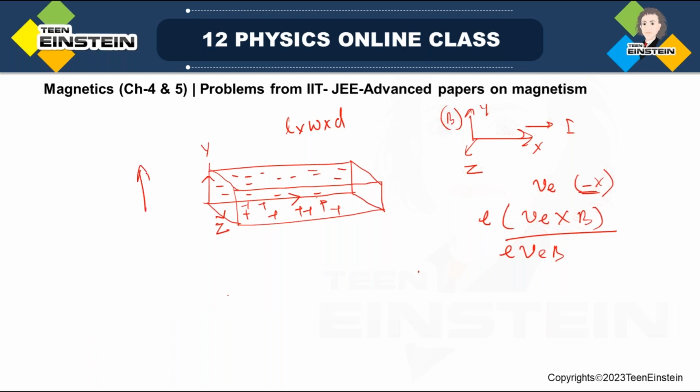So the force will be QVB, that we know. Now the electric field has been developed between these two faces. Okay, so how do you get the electric field? We get the electric field or the potential from the equilibrium situation. How will the equilibrium situation happen?